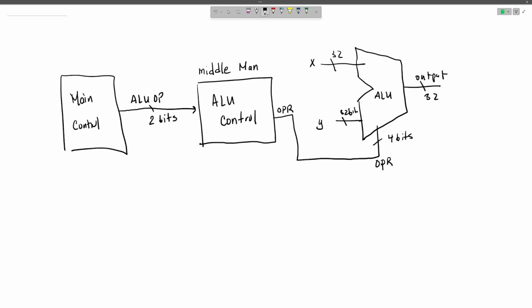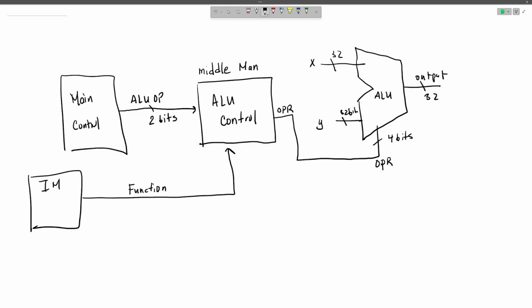And then from our instruction memory, we're going to have a function signal, and that's going to be 6 bits.